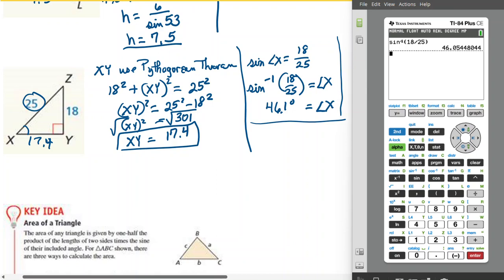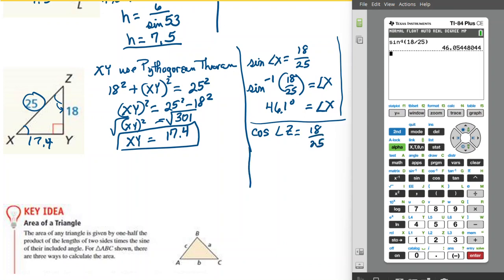Well, now I need angle z. Angle z is, I have a cosine, right? Look, I can have adjacent over hypotenuse. So I'm going to do cosine of angle z is 18 over 25.